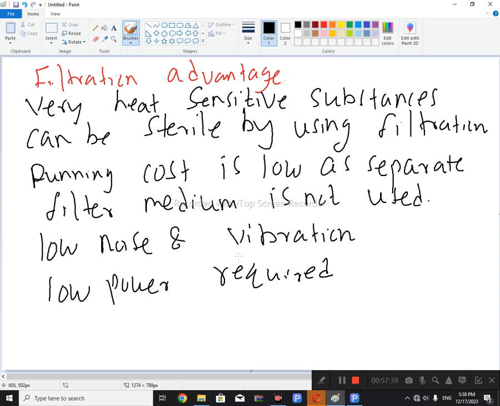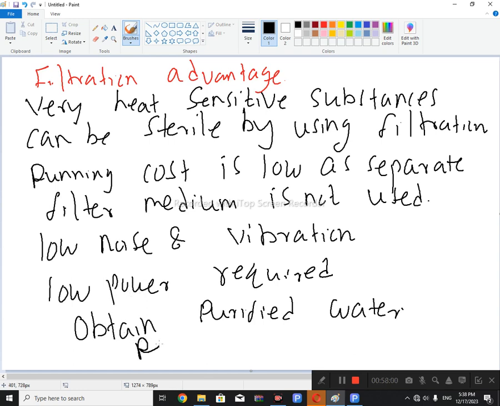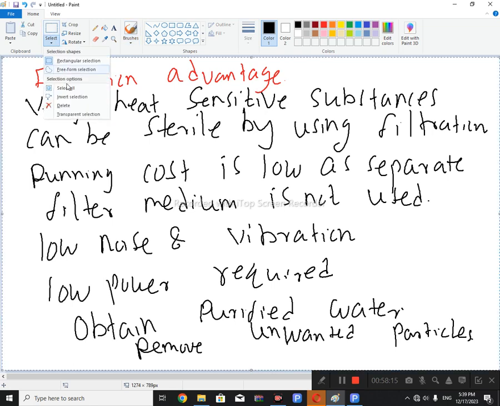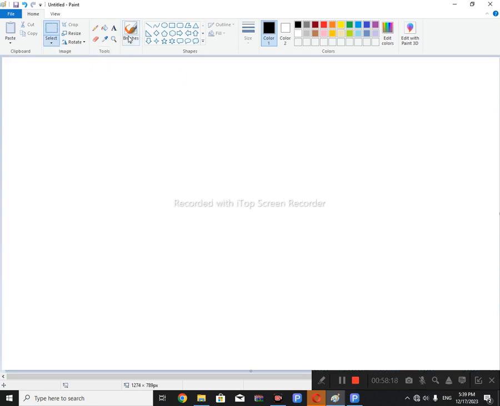Obtain purified water. Easily remove unwanted particles.